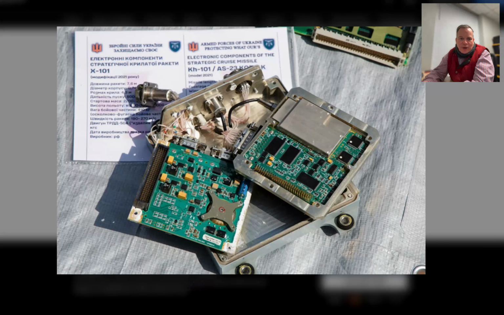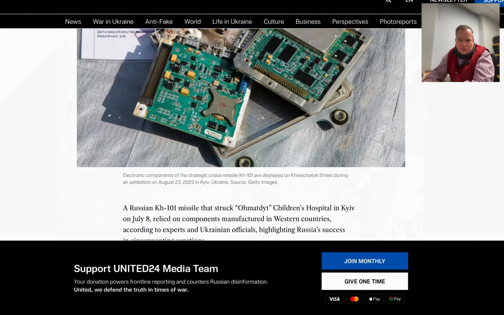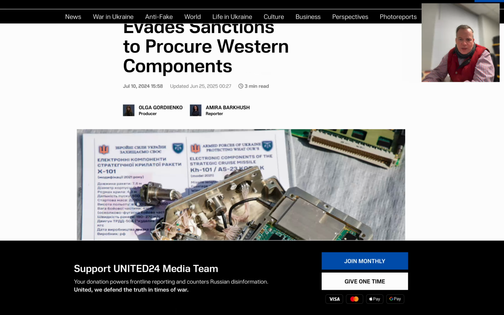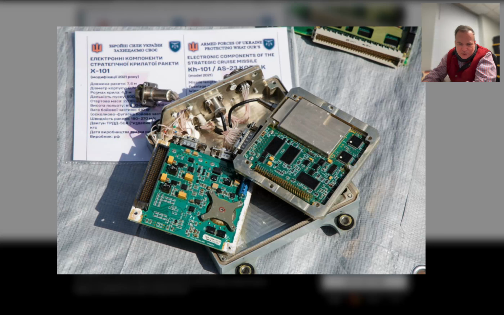But anyway, they show us a KH-101 circuit board. That's the closest I can get into that. So you can see here is the kind of modern circuit board on a KH-101 that they are supposedly using.